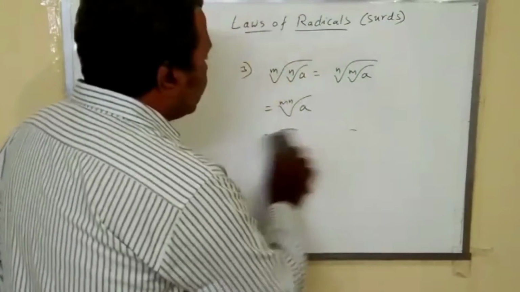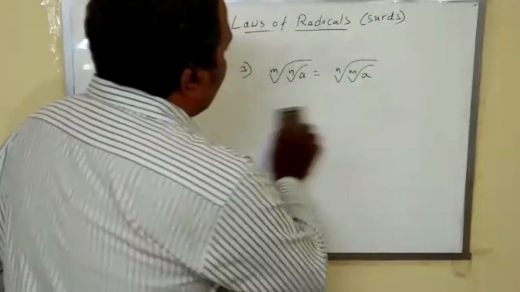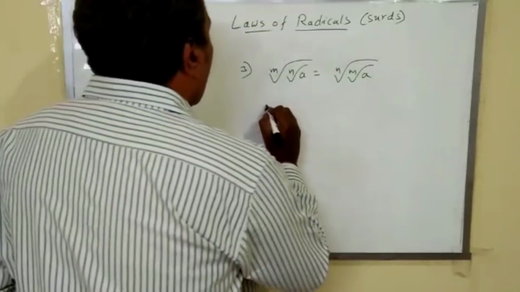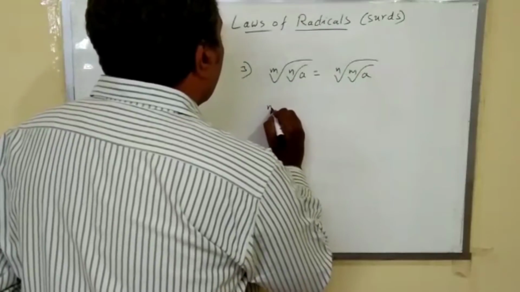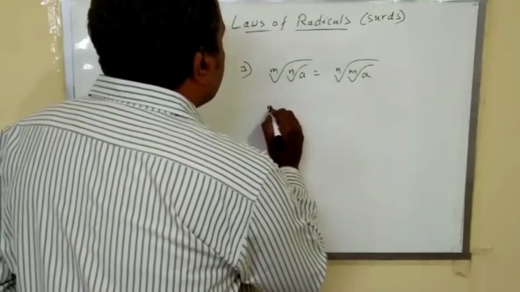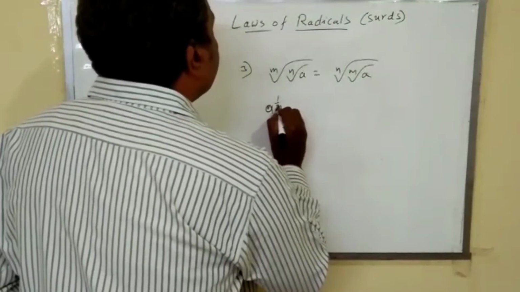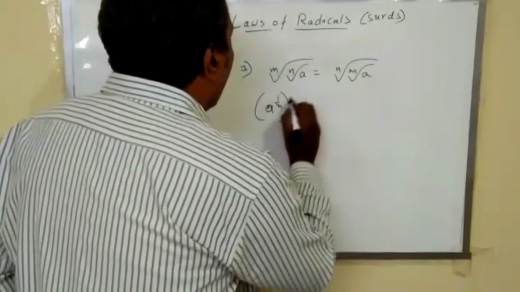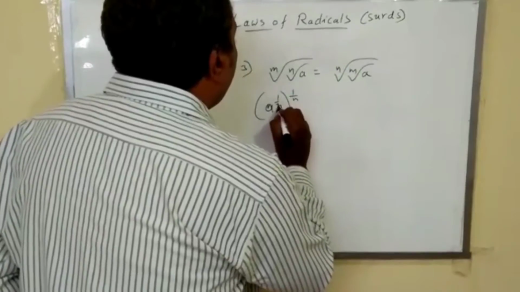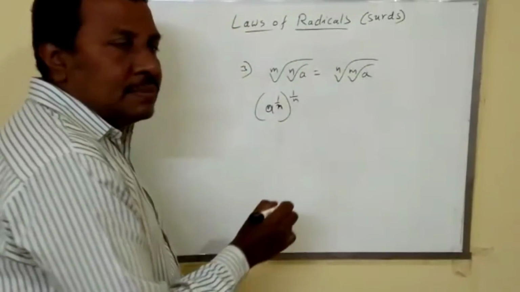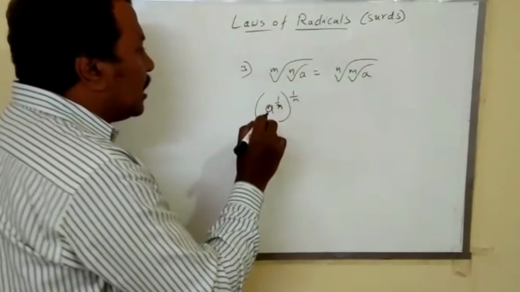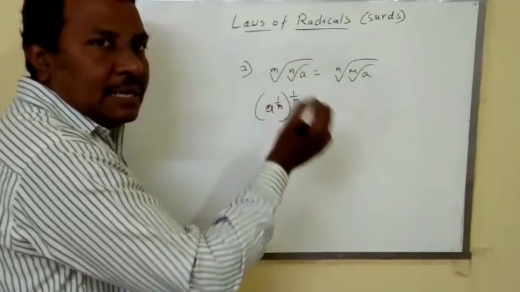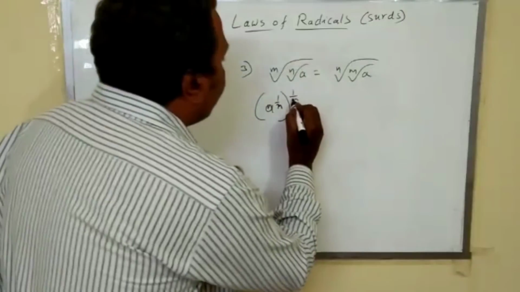How is it possible? How is this result obtained? That I will explain. Nth root of a can be written as a power 1 by n. Mth root of nth root of a can be written as this whole power 1 by m.